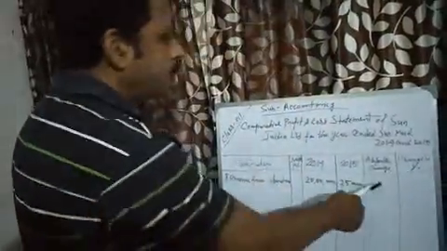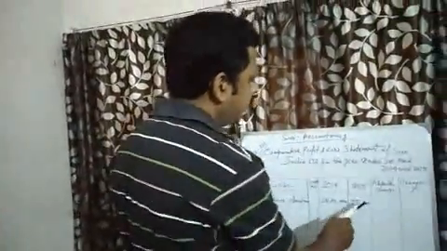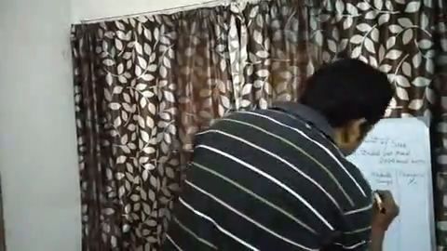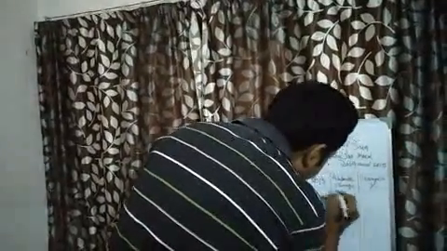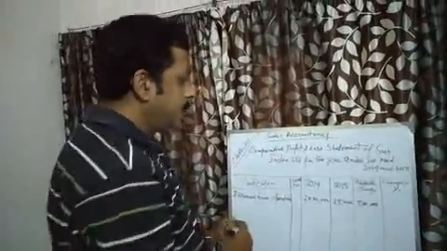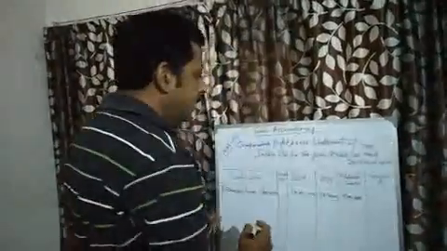How can we calculate the absolute change? Absolute change is current year minus previous year, that is 25 lakh minus 20 lakh, which is 5 lakh. That is the increase in revenue from operation, meaning sales. What is the change in percentage?